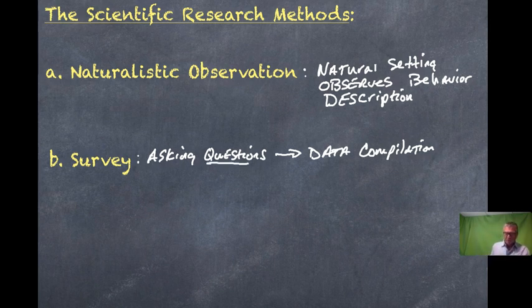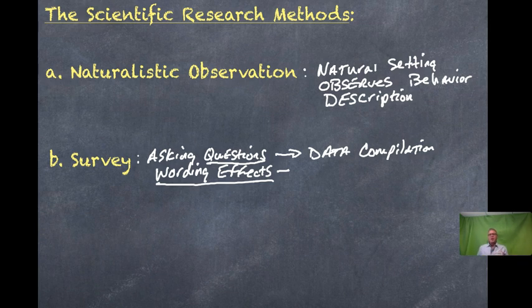So in asking questions, it's really important in terms of how you word those questions. Wording affects how the question is phrased. Do you favor environmental protection that will cause a loss of jobs?